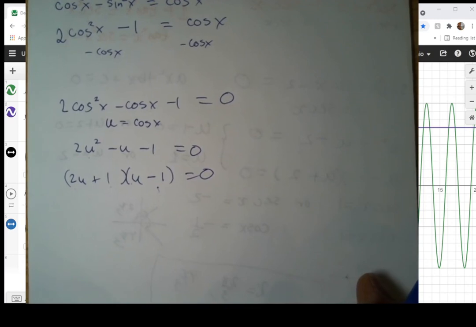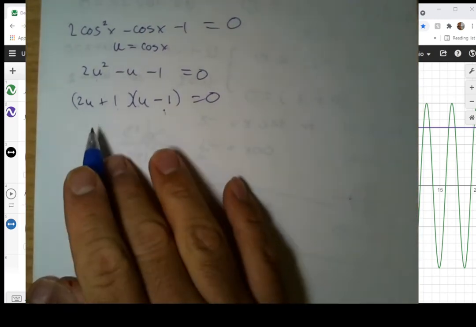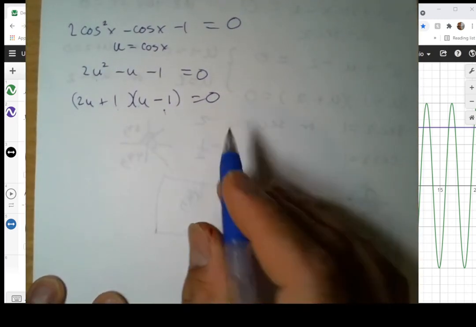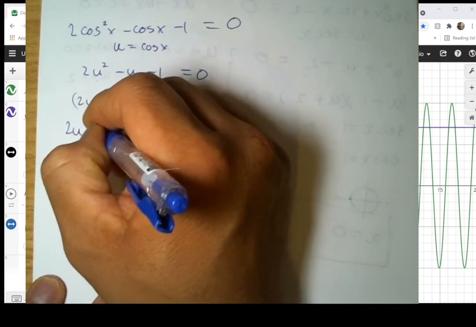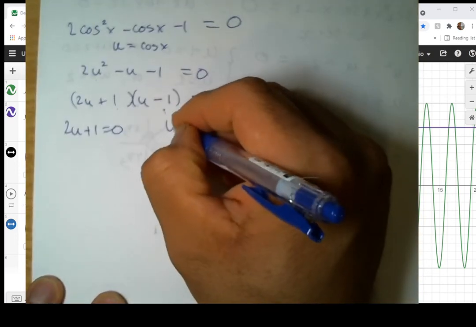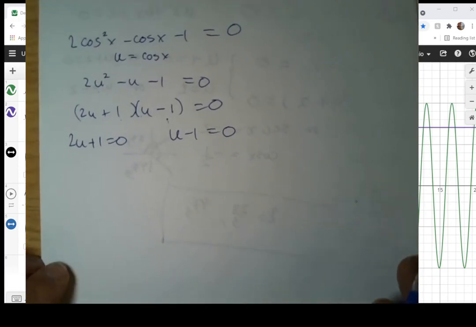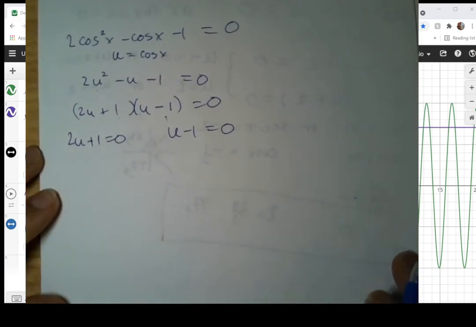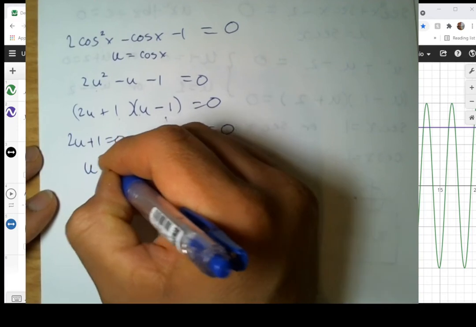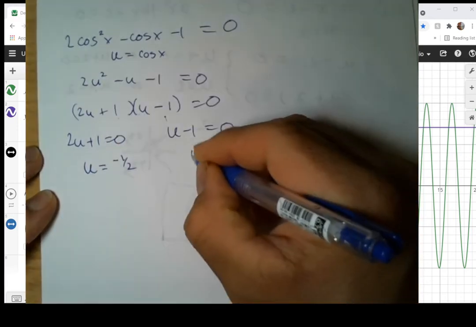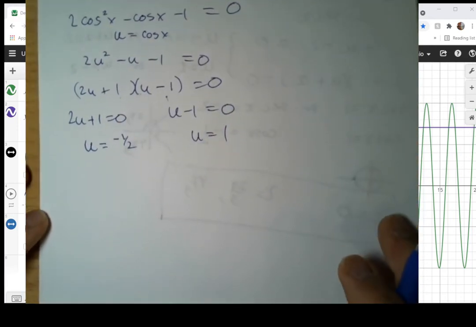All right, excellent. And now we have again a product set equal to 0. That means that u is equal to negative 1/2, u is equal to 1.